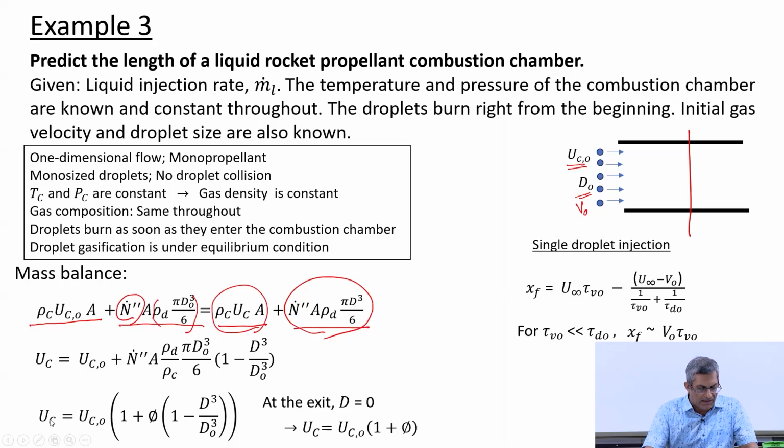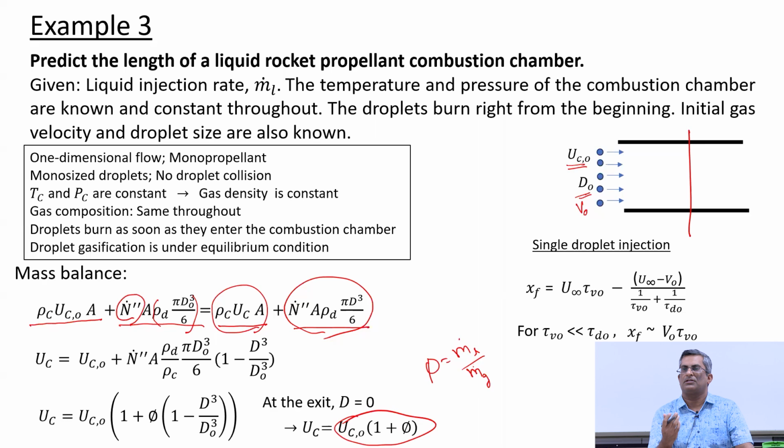And so here in this expression, if you put d equal to 0, you get this. So this term refers to the maximum gas velocity at the exit, where this term phi is the ratio of mass flow rate of liquid to mass flow rate of gas, which is known.